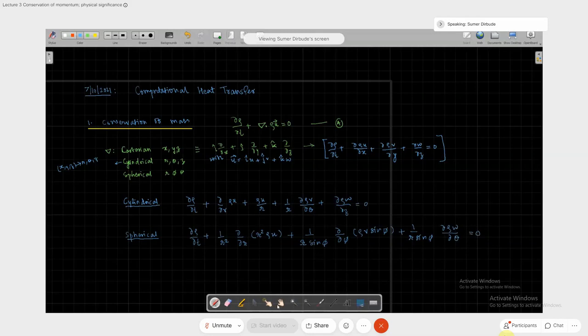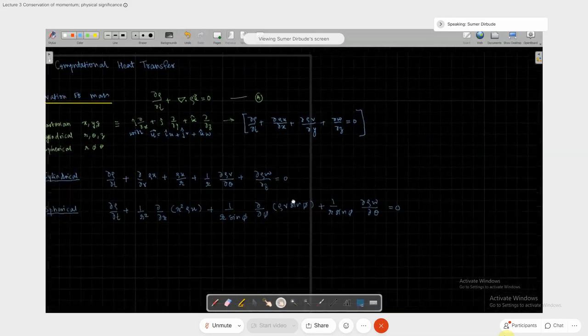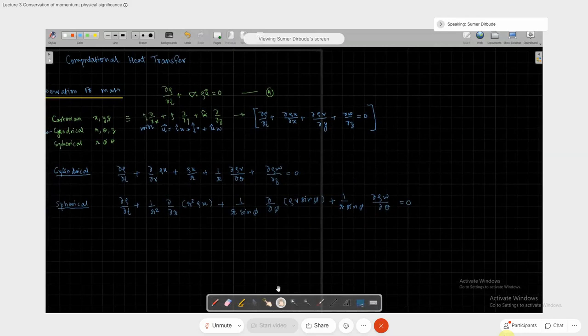While defining this, in the case of the cylindrical coordinate system, we have used this relationship between x, y and z: x is taken as r cos theta, y is taken as r sin theta, and z is taken as z.